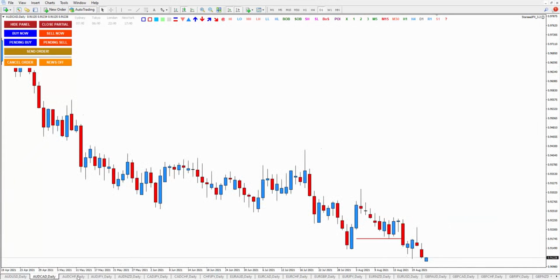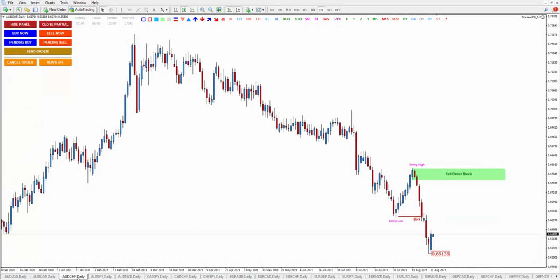And then if you think Aussie Swiss franc is a good opportunity, even though this is not a major, if it still gives you a good return, then why not? Rather than focusing on euro dollar, but then it will keep giving you losses, because basically the market is either sideways or choppy. That is my opinion. You just trade whatever pairs as long as it gives you a clear direction in the market.